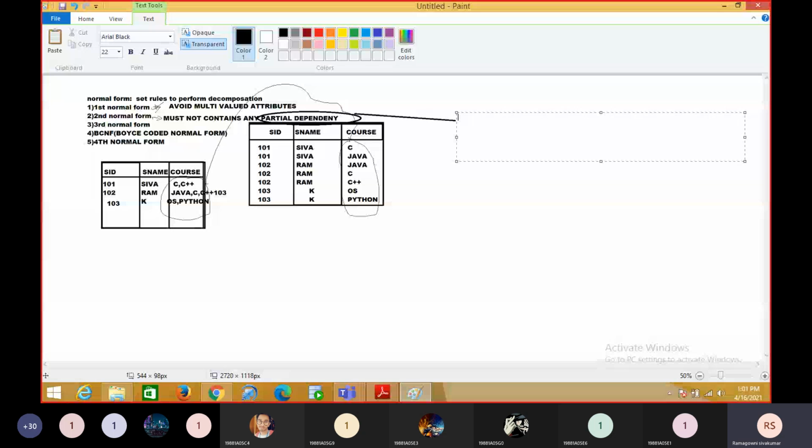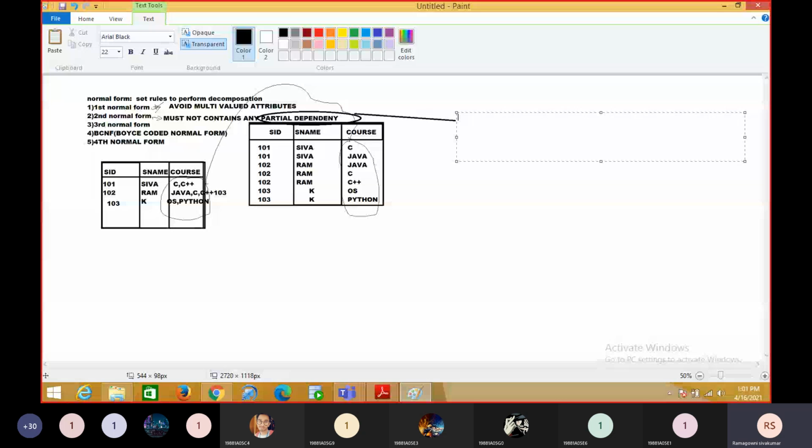So normalization concept means what? We can perform decomposition. Design consists of removing data redundancy and dependency by decomposition. Decomposition means what?